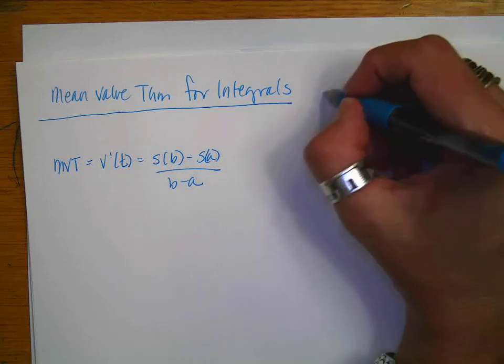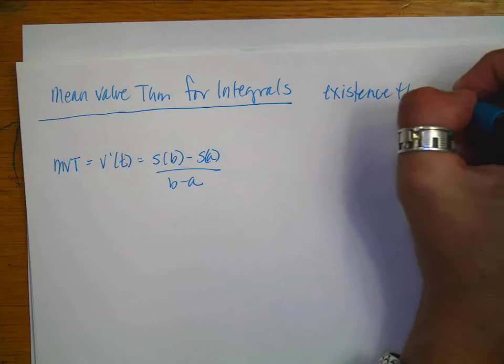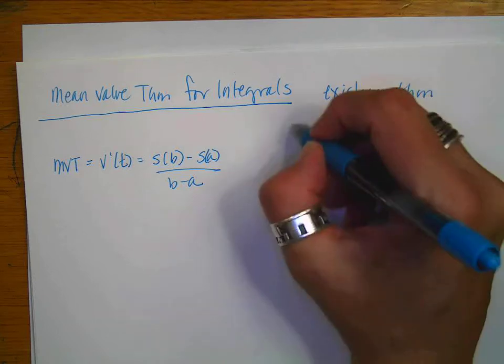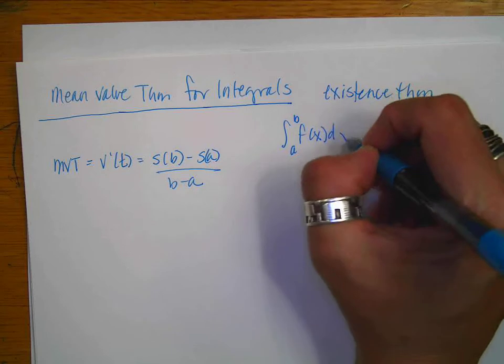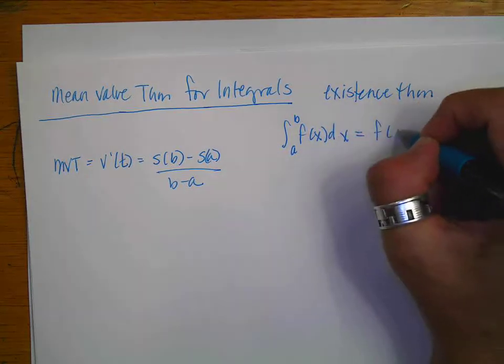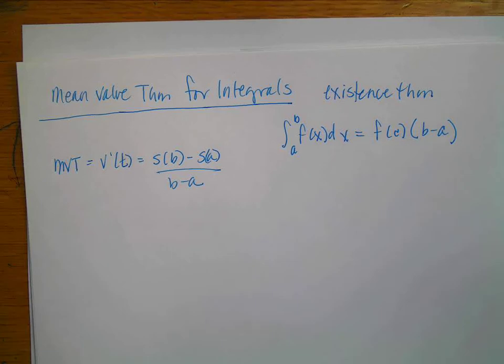For integrals, it's going to be an existence theorem, which means that the possibility exists, and it's going to be the integral from a to b of f of x dx is going to equal f of c times b minus a. Okay, and that would be the mean value theorem for integrals.